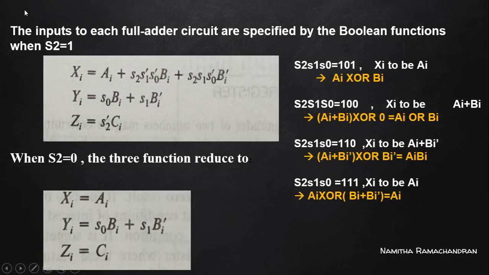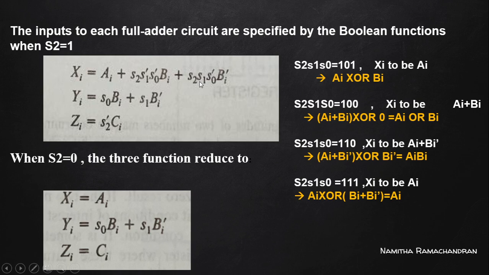So consider this expression. Ai plus, S2 is 1, S1 is 1. 1 complement is 0, so this term becomes 0. Here again, S2 is 1, S1 is 1. Sorry, S0 complement, 0 complement is 1. So 1 and Bi complement is Bi complement. So here Xi becomes Ai plus 1 and Bi complement, which is Bi complement.